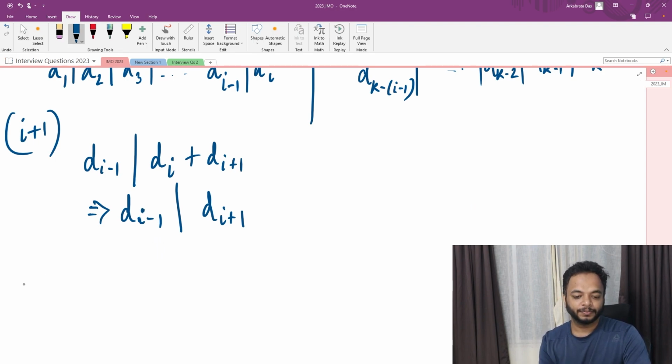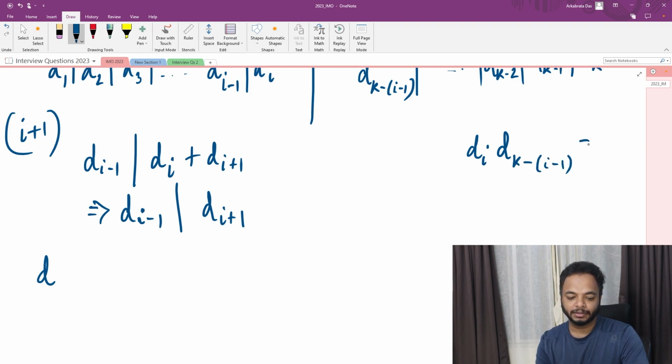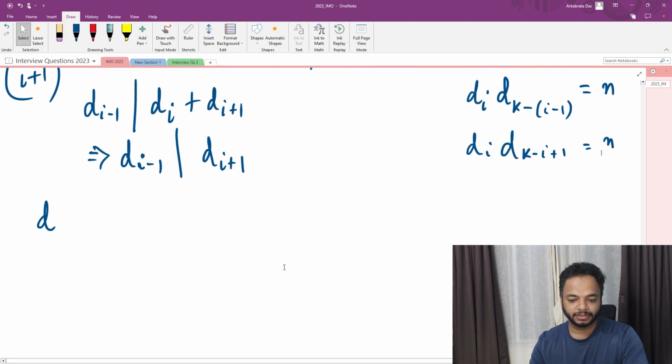Now we have d(i-1) divides d(i+1). Okay, so now again we are going to use the relation. The relation is that d(i) product with d(k-(i-1)) is equal to n, and that is basically d(i) times d(k-i+1) is equal to n. So we'll try to use this relation.